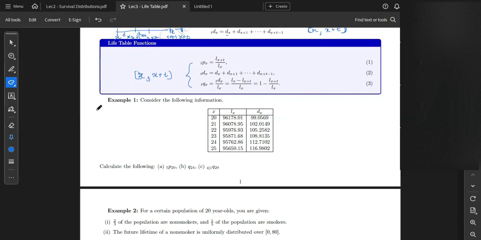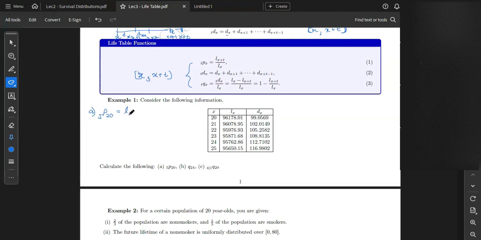So let's go to part A, where we need to find the probability of survival of a person who is at age 20 and surviving for 5 years. We can use equation 1 directly.